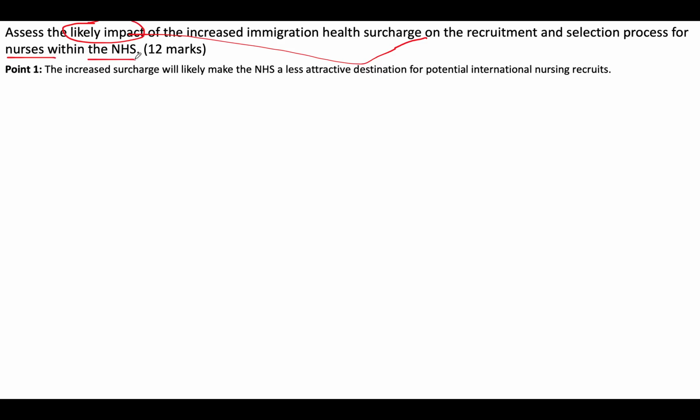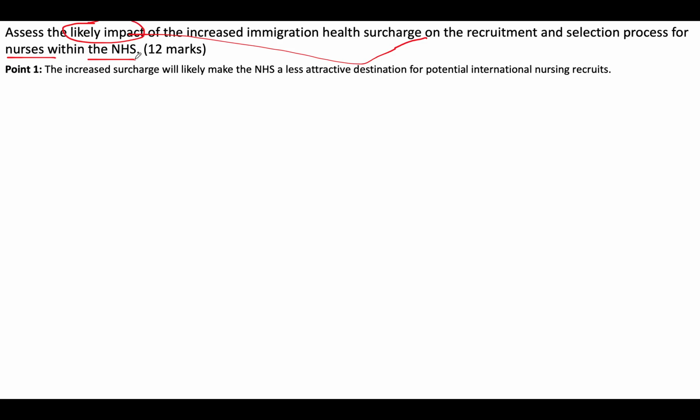We'll move ahead. So, remember, our hook is likely impact, and it's on the recruitment and selection processes for nurses within the NHS. So the increased surcharge will likely make the NHS a less attractive destination for potential international nursing recruits.